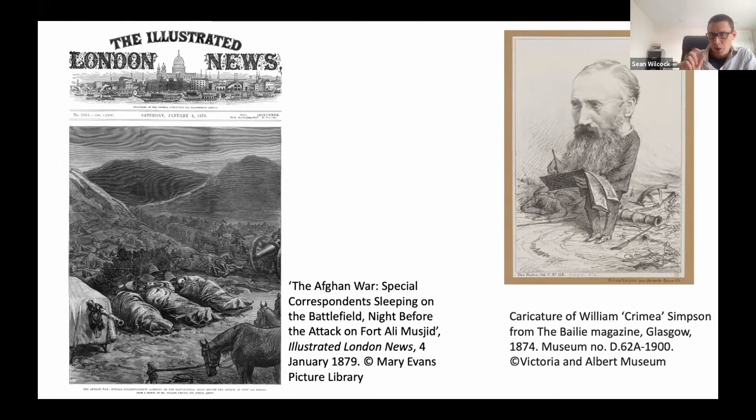So there's this blurring, really, of the boundaries between the soldier and the journalist in terms of their identity. They're both making claims to the same kind of rugged masculine identity here.